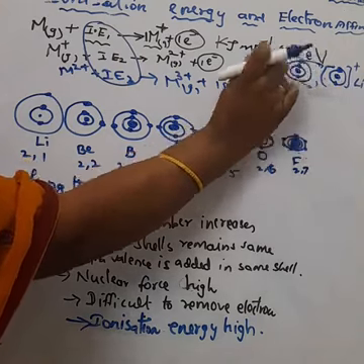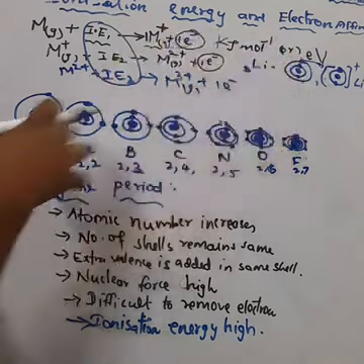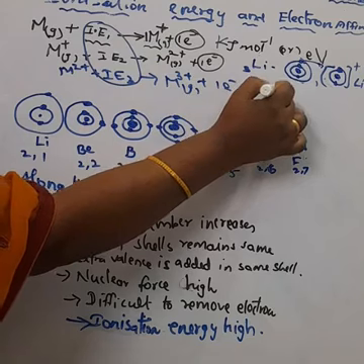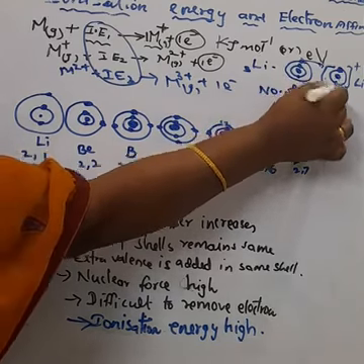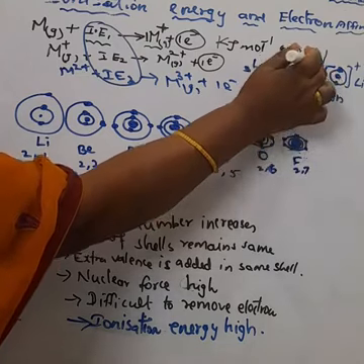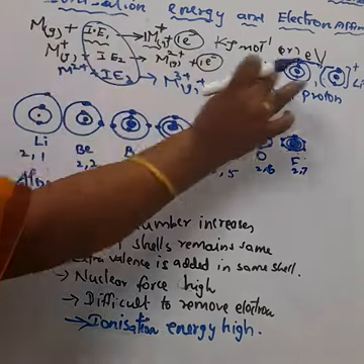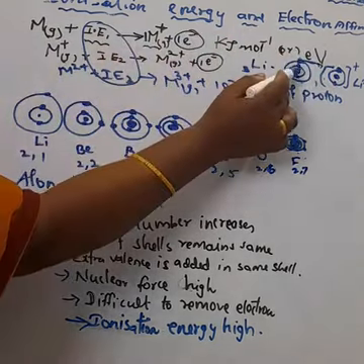but the nuclear charge remains the same. What do you mean by nuclear charge? Nuclear charge means the protons, the number of protons. Here we remove 1 electron from the ground state of this atom, but the number of protons remains the same.